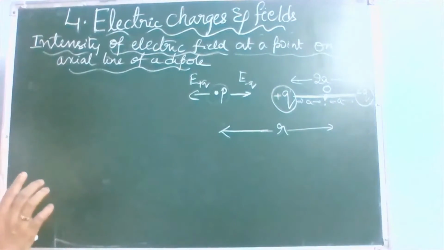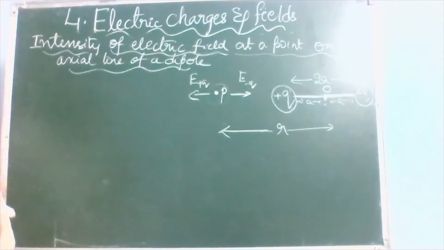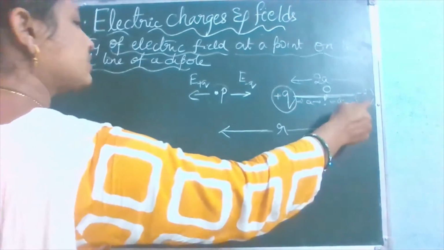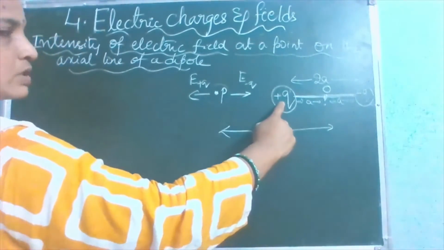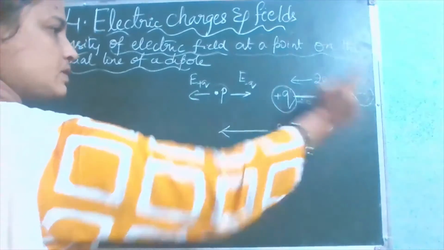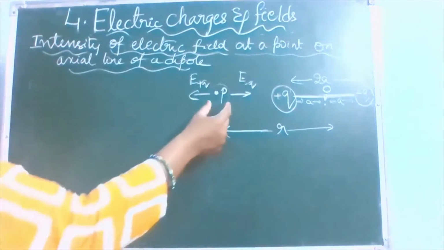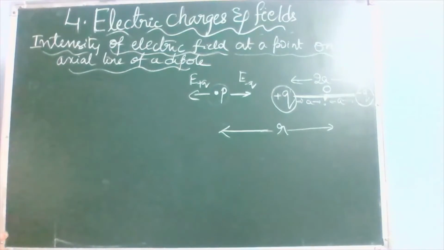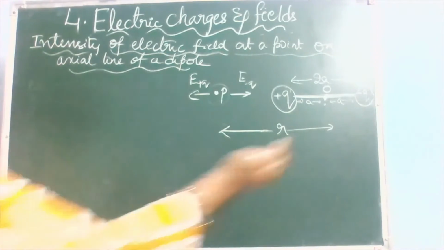Now it experiences some force, and also automatically an electric field intensity, because of this positive charge and because of this negative charge. So there is electric field intensity due to this one and due to this one.